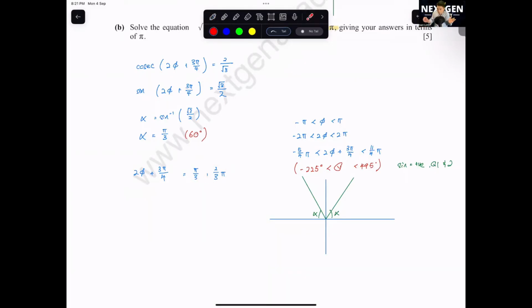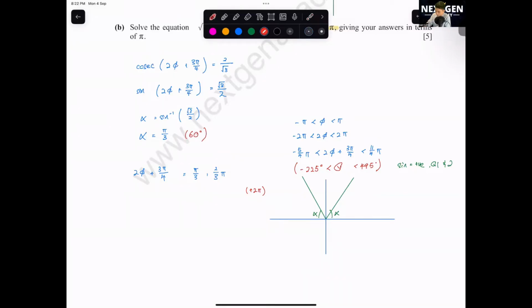Let's say you don't know whether you need to go to the positive or negative. What you're going to do, to both of these values, is minus 2 pi and add 2 pi. Just follow these steps. I'm going to do the plus 2 pi one first, to the whole thing. Why plus 2 pi? Because you go one round, then you will go back to that same place again.